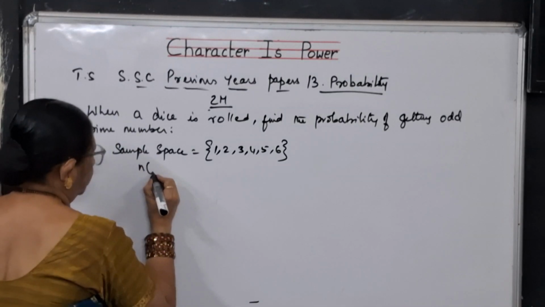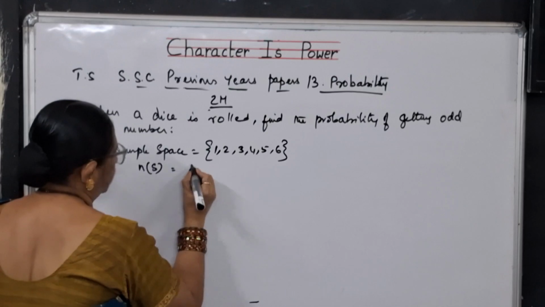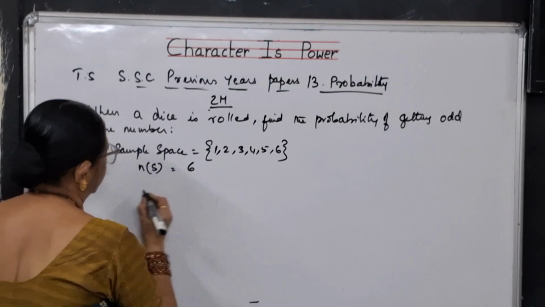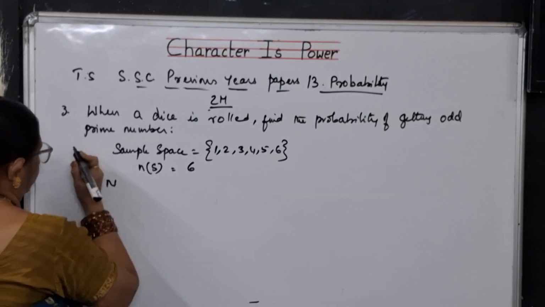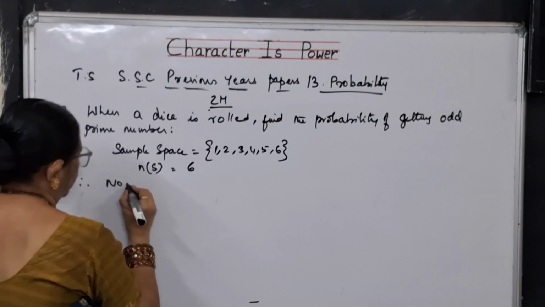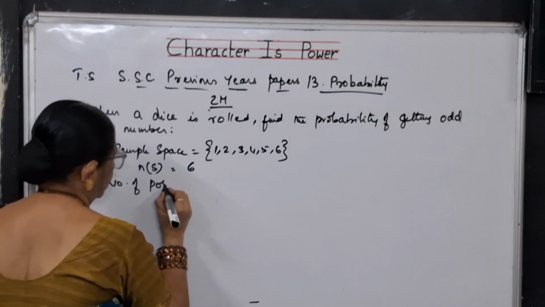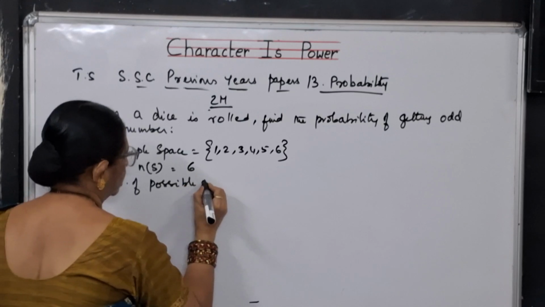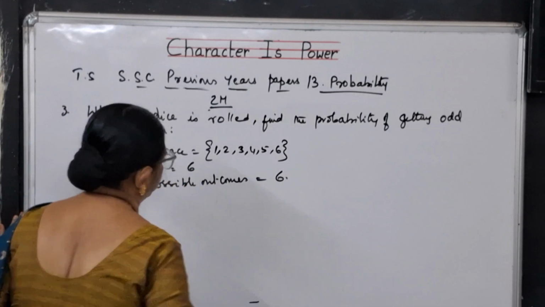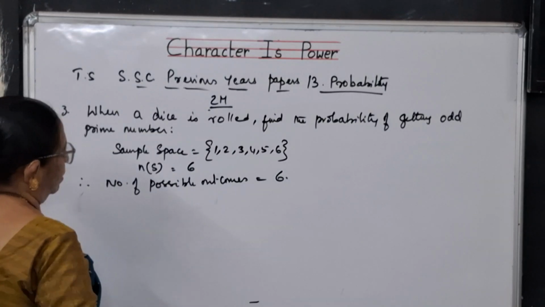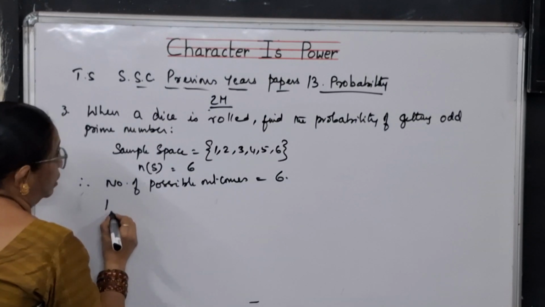That means number of elements in the sample space is 6. Therefore number of possible outcomes are 6.